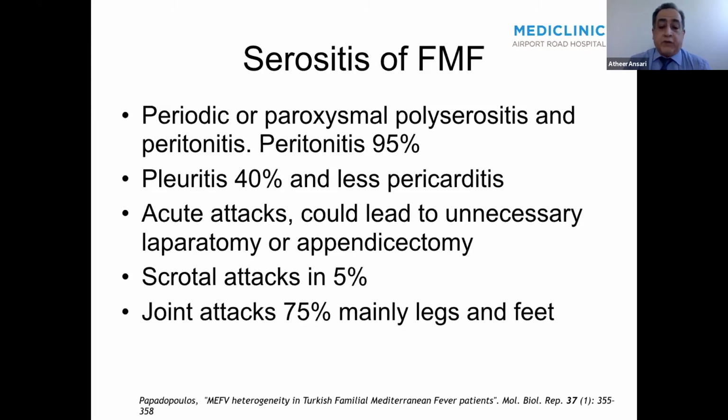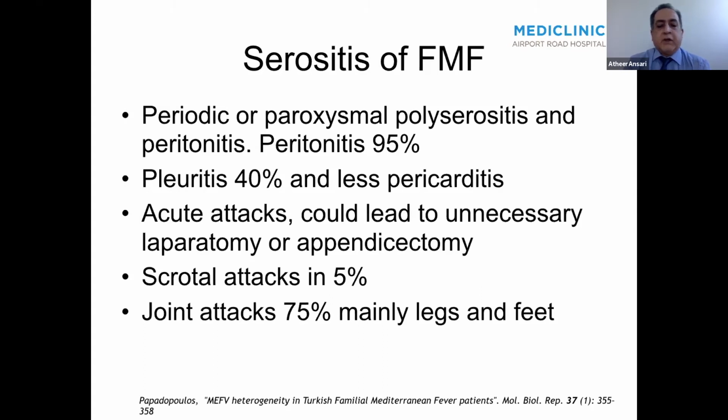They can have arthritis as well. In the acute attack, if you take many people's history, they had a laparotomy or appendectomy. Despite that, I would invite surgeons to this occasion, that they always need to check anyone with recurrent abdominal pain for FMF.